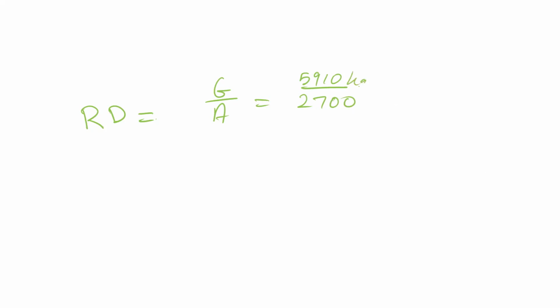Okay, this is going to be kilogram per meter cube divided by kilogram per meter cube. I notice that these two units cancel, so there's no units. So the answer for this is simply, once you plug this into your calculator, 2.2. And as I said, the units cancel, so there's no units for this answer, and that's going to be your answer.